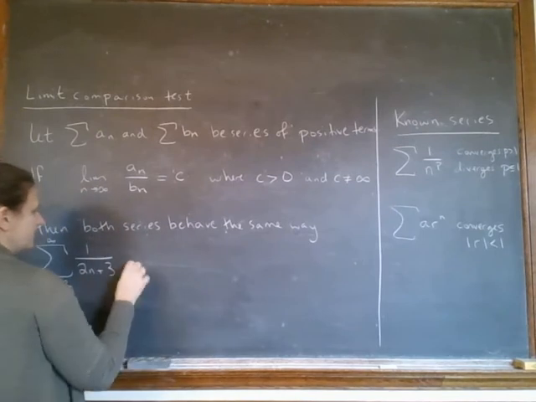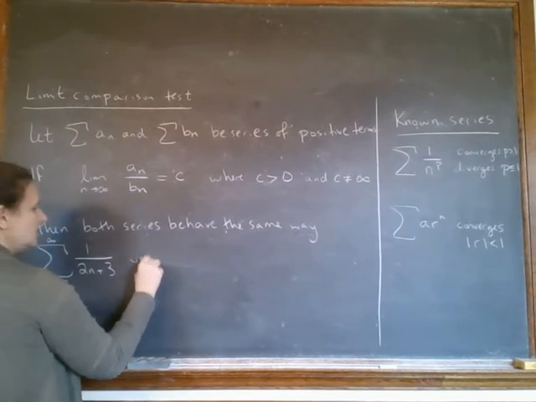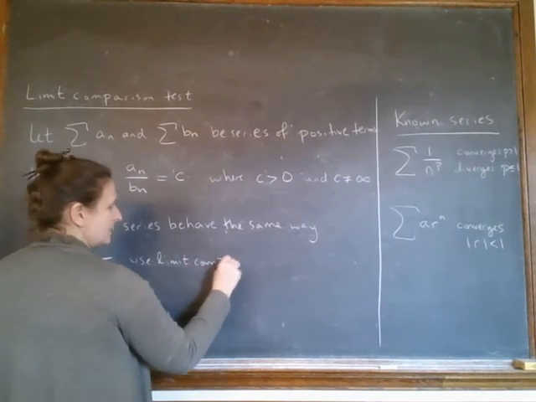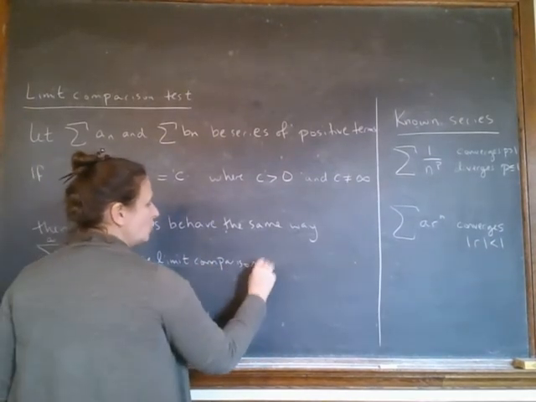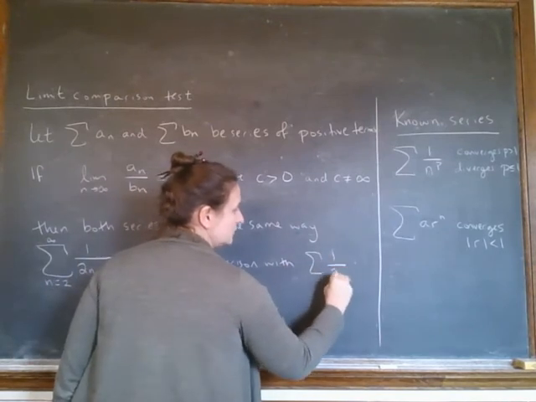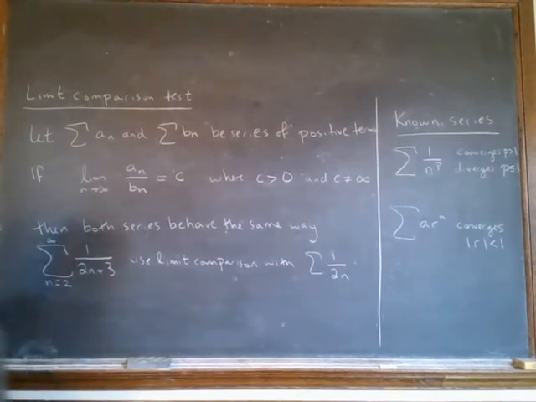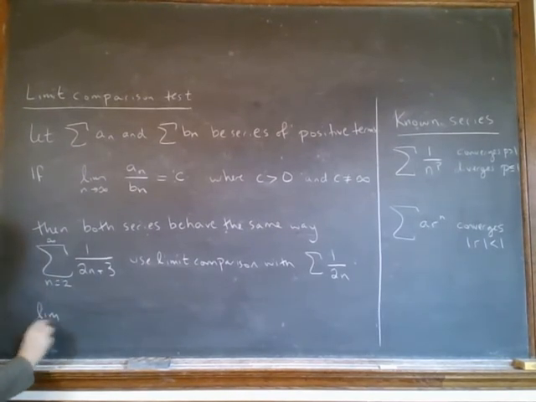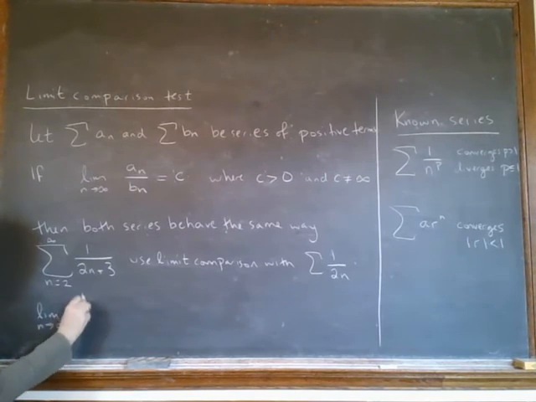I'm just going to write, use limit comparison with 1 over 2n. Okay? So I'm just going to take the limit as n goes to infinity.